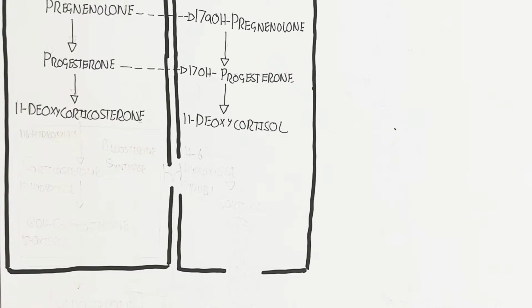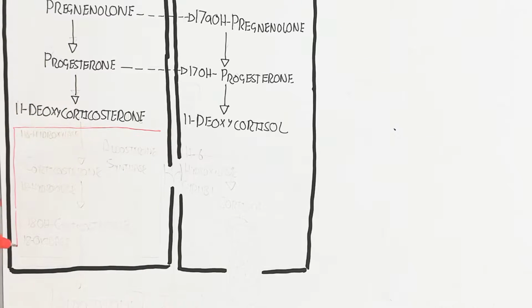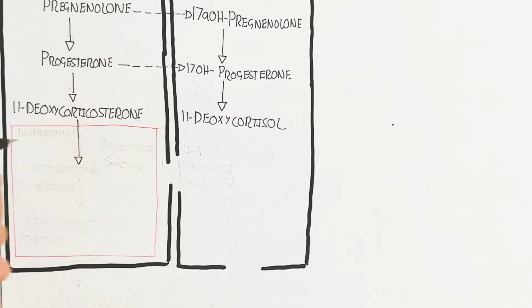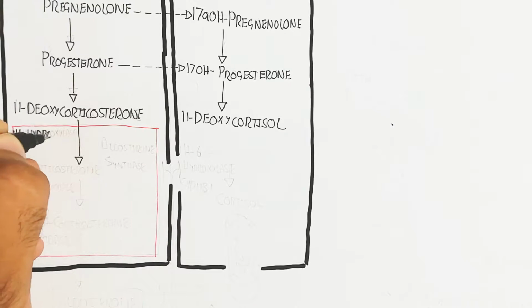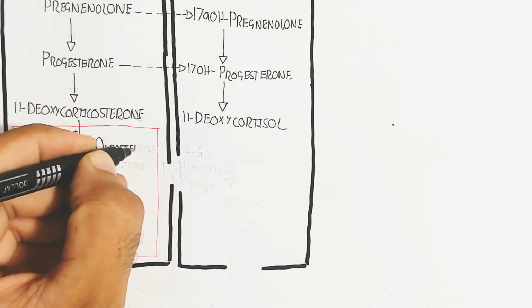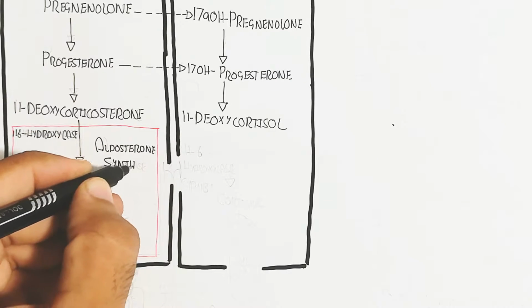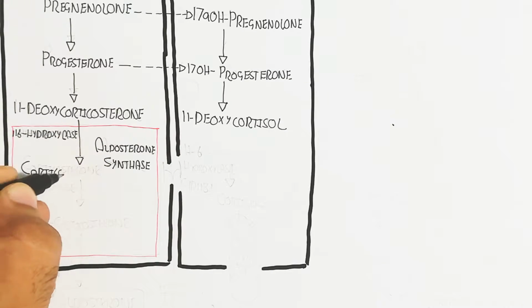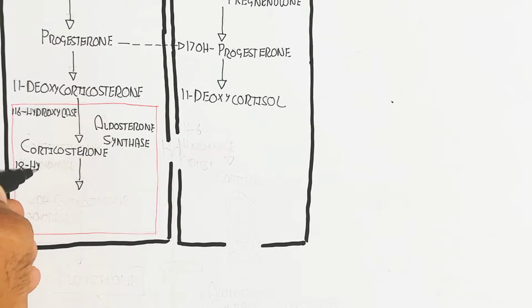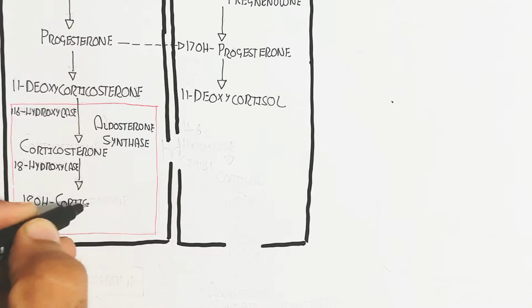We are understanding the biochemical pathway, and the 11 deoxycortisol formation will occur. So the 11 beta hydroxylase enzyme and the aldosterone synthase enzyme are used, and the 11 beta hydroxylase enzyme comes from the gene CYP11B1.